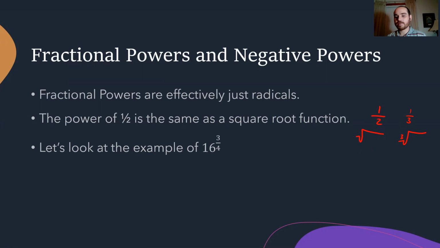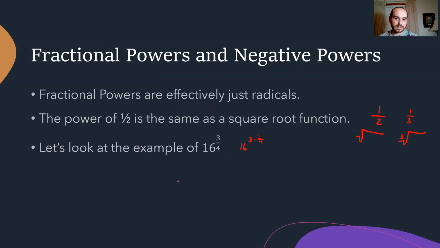Now, when we get into things like this, there are a couple of different theorems for this, but you don't necessarily need to know them to be able to solve these. You can think of this as 16 to the 3 times 1 over 4. So basically you have the 4th root of 16 and the cube of that.